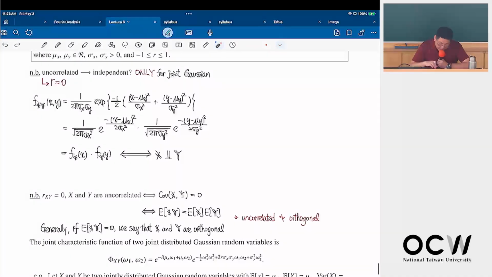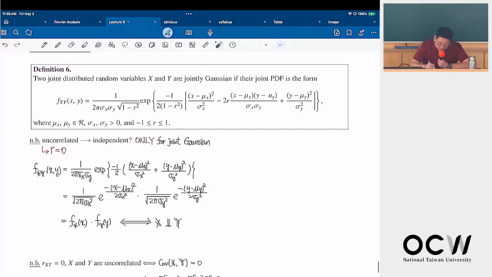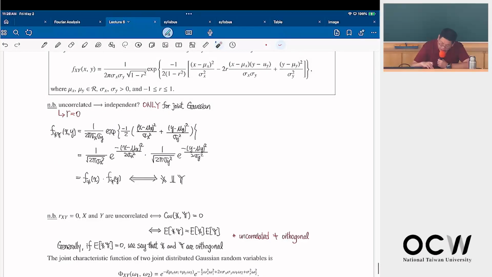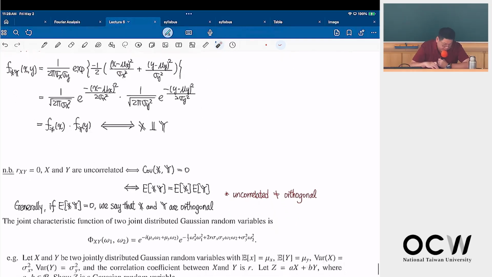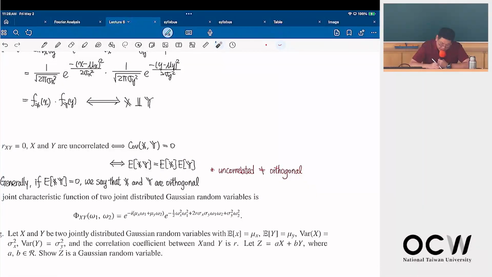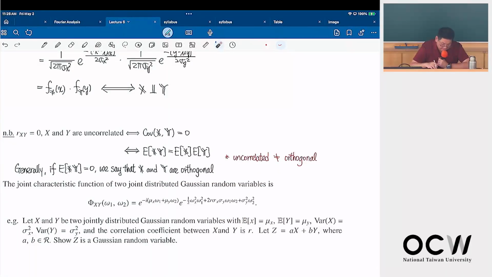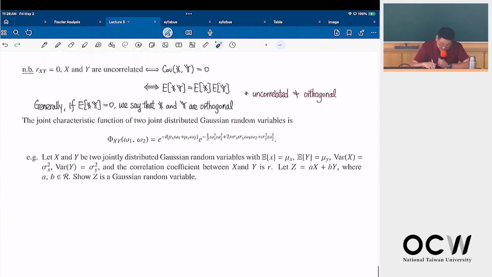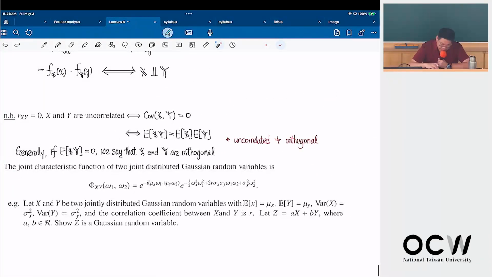Now let's see the joint characteristic function. Since here we defined the joint Gaussian, how about the joint characteristic function of the joint Gaussian? In this equation, let's see this example and proof.